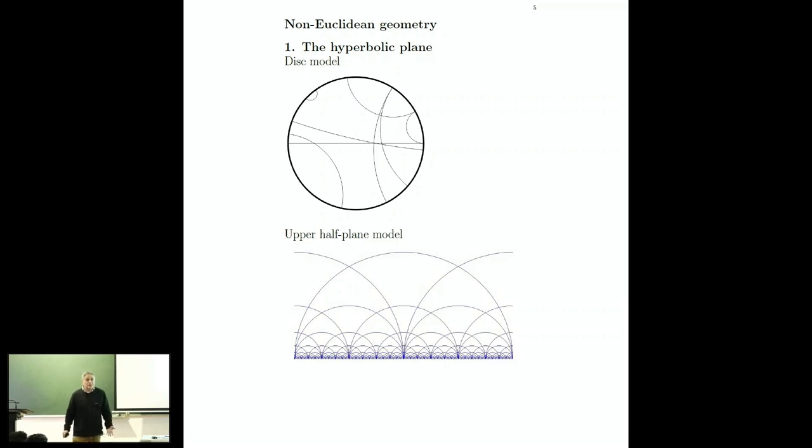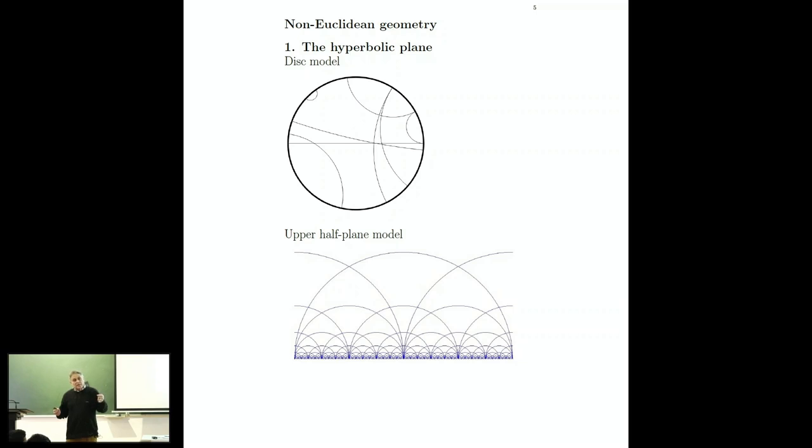What is a geometry? In fact, to define a geometry, you have to define points and lines, and you start with this. The lines mean the straight lines. The straight lines in Euclidean geometry are the shortest distance between points.